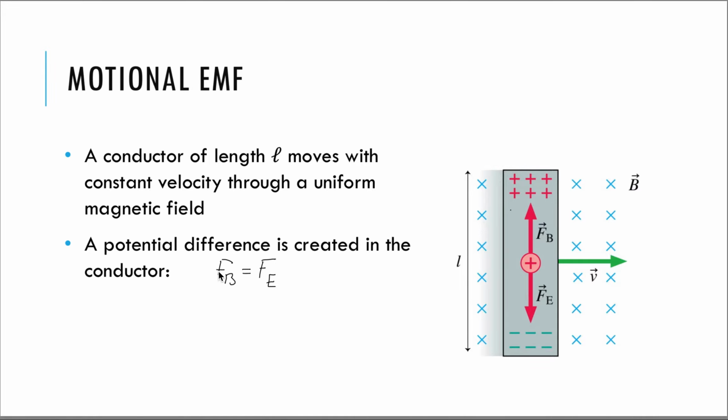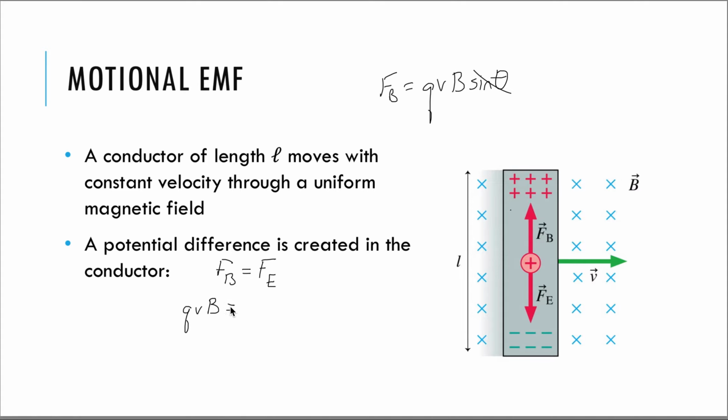Let's write down what we know for each force. The magnetic force is QVB sine theta, but we don't have to worry about sine of theta because the motion is perpendicular to the field, so theta is 90. If you remember in this equation QVB sine theta for the magnetic force, that theta is the angle between V and B. So if it's 90, sine is equal to 1, and we don't have to worry about that.